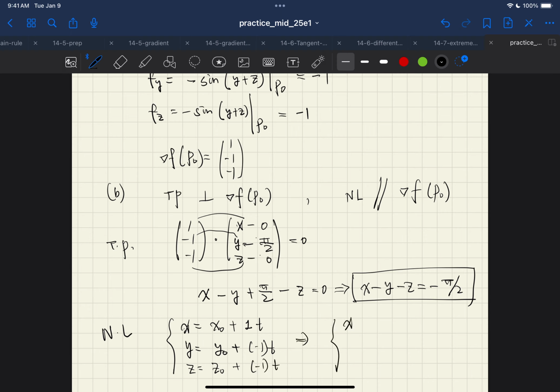So the actual number for x0 is 0 and 1 times t. Y equals pi over 2, which is given as P0, minus t, and z equals 0 minus t. So this is the normal line.